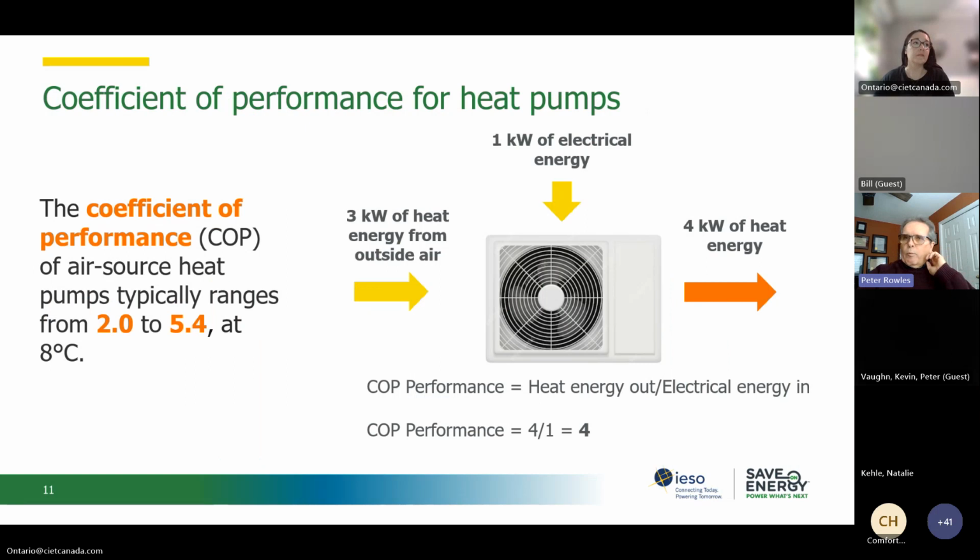The first thing, very simple thing that we need to address, and this speaks to the efficiency of the heat pumps, is a concept called the coefficient of performance, or COP, which you'll hear bandied about quite a bit. It's basically the ratio of the amount of heat energy delivered, divided by the amount of electrical energy purchased.